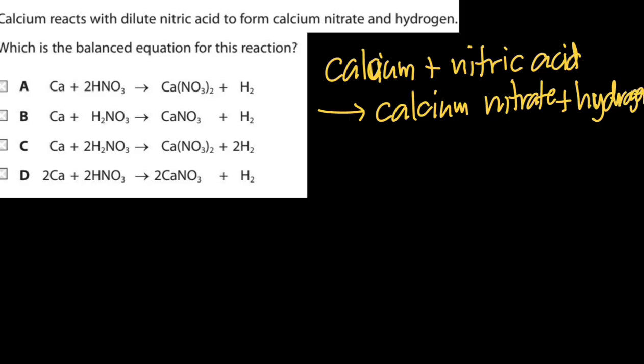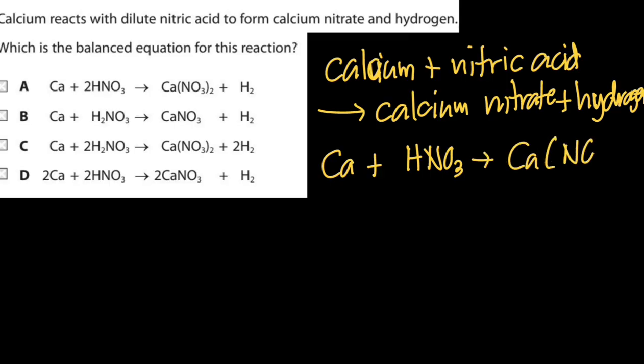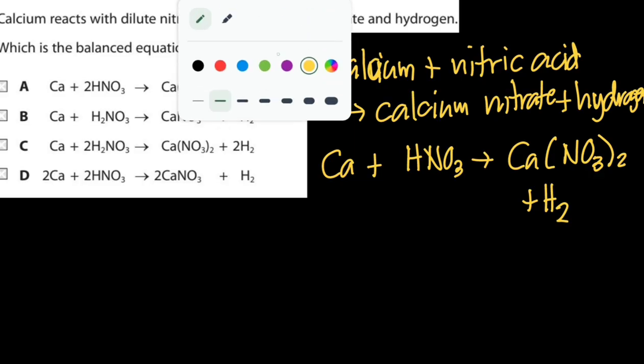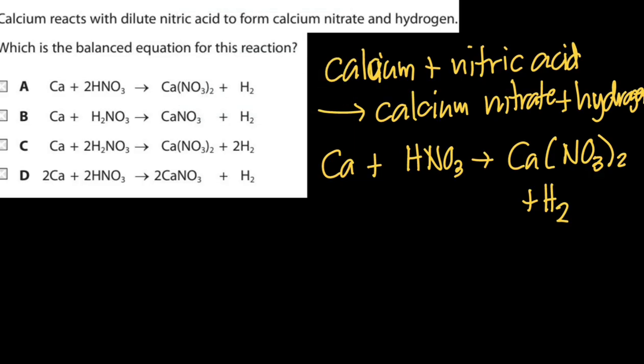So let's write the formulas for this. Calcium is Ca and nitric acid is HNO3, and then calcium nitrate, Ca(NO3)2, plus hydrogen gas. So this one is an unbalanced chemical equation.